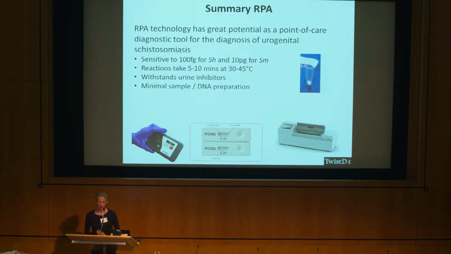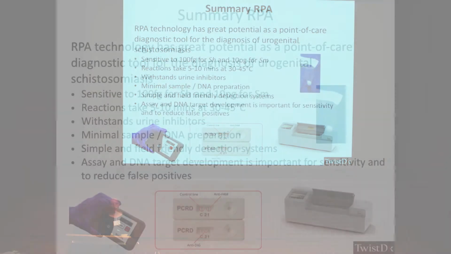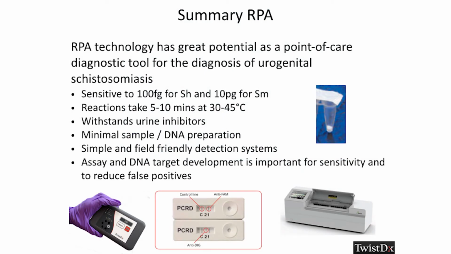There's minimal sample preparation potentially needed, and some of the commercial companies that do DNA extractions are developing these speed extract kits now, which are very quick and very crude extractions, which can start being incorporated into these kinds of processes. The equipment that's used is very simple and field-friendly. And as I said, I think with more development, we can increase the sensitivity and reduce any false positive reactions that we're getting.